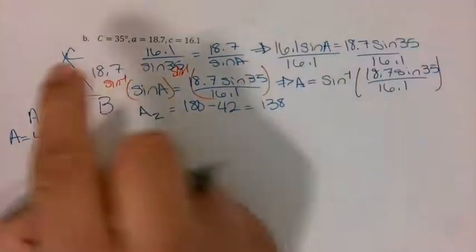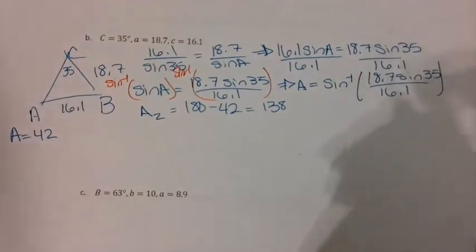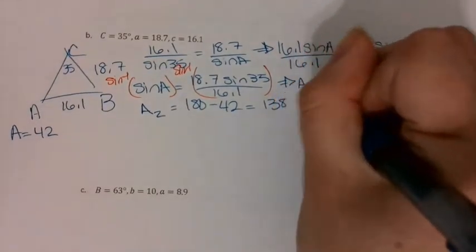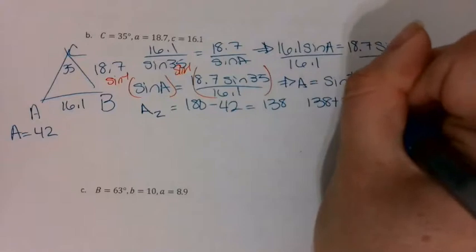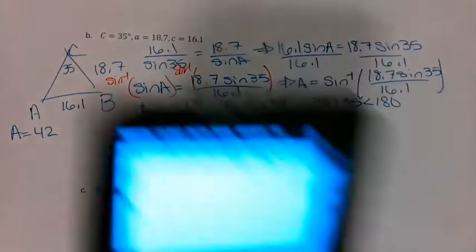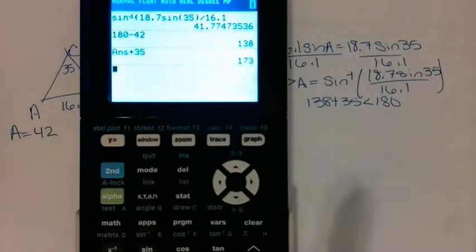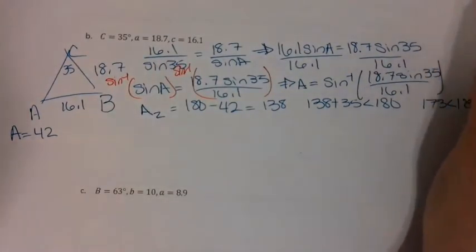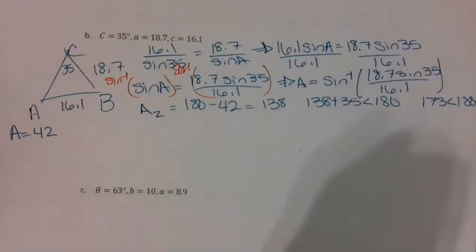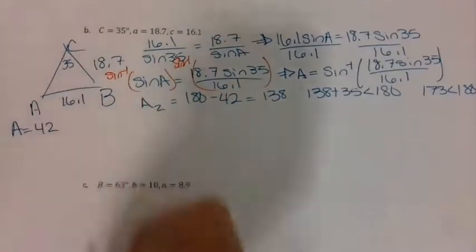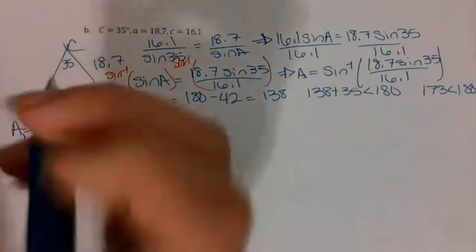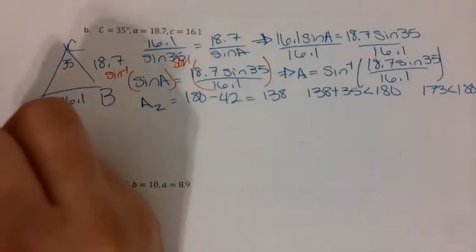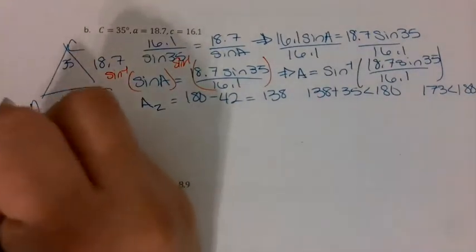And then I need to check to see if I can add 138 back to 35 and it'll still be less than 180. 138 plus 35 is 173. 173 is less than 180, so I will have a second triangle. My second triangle will have, that's A1, and then A2 will be 138.